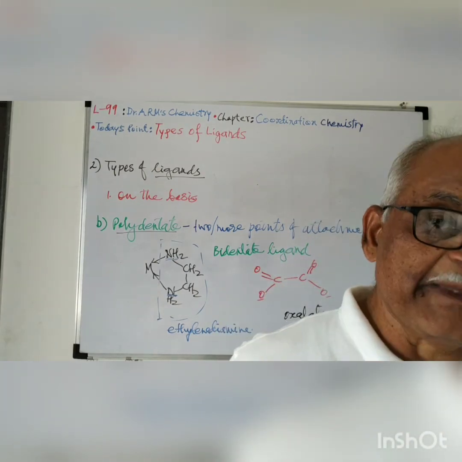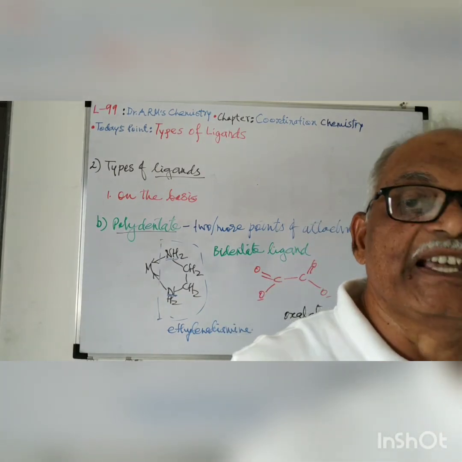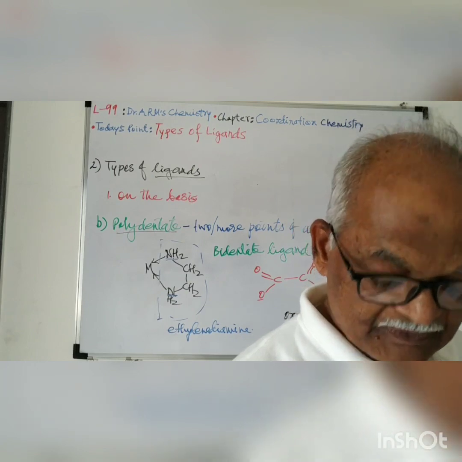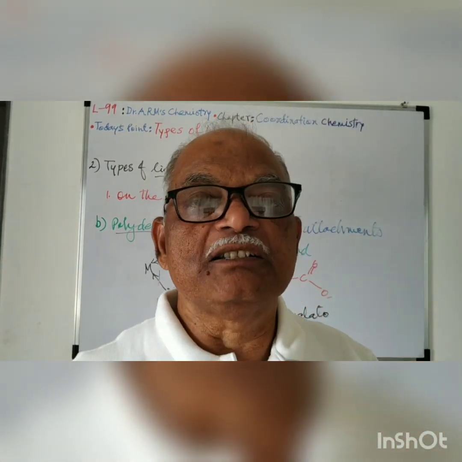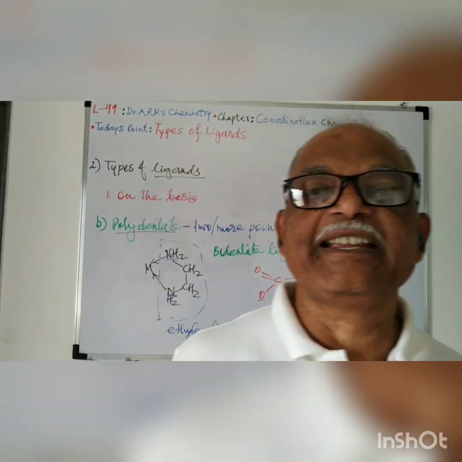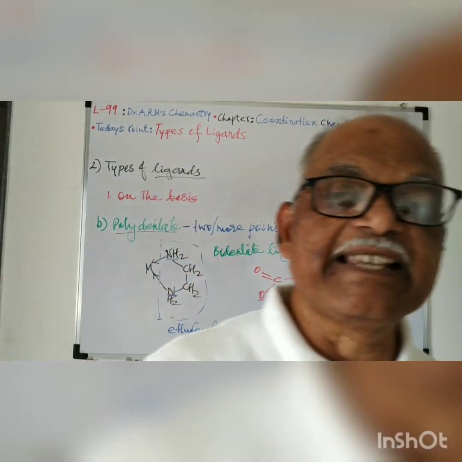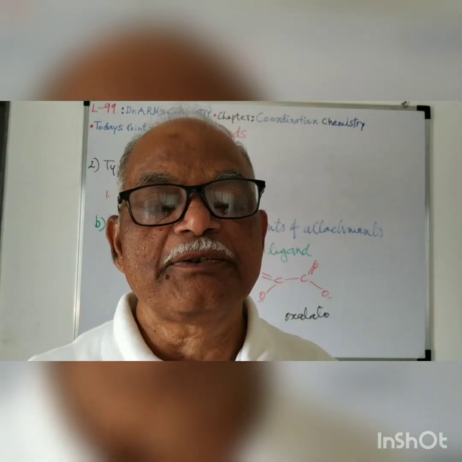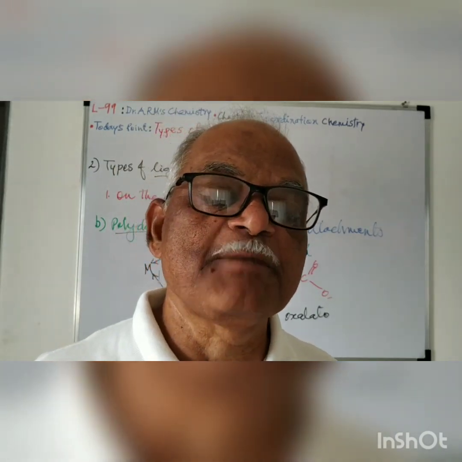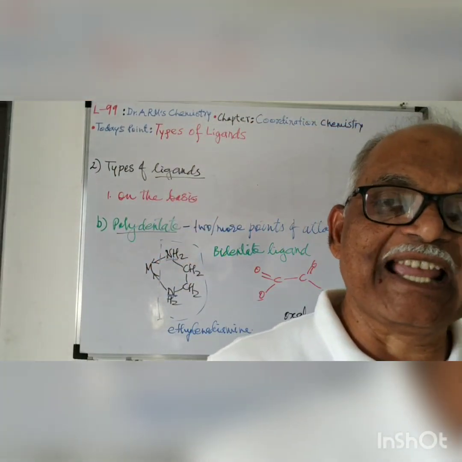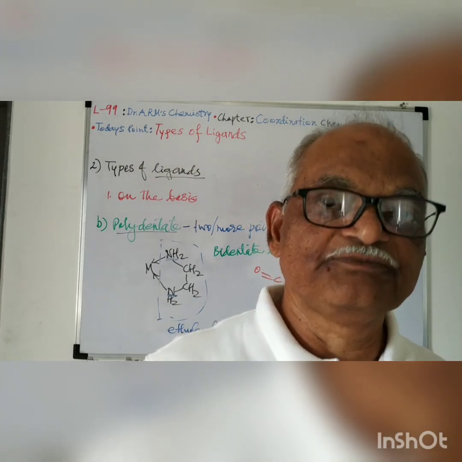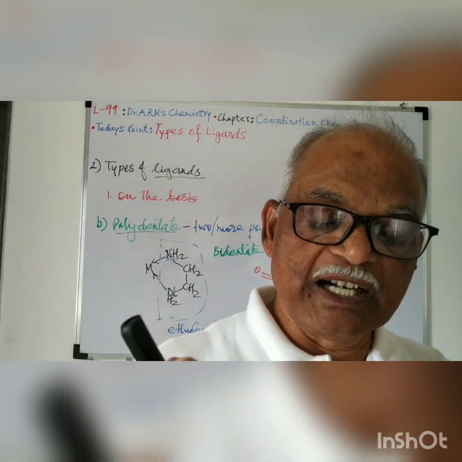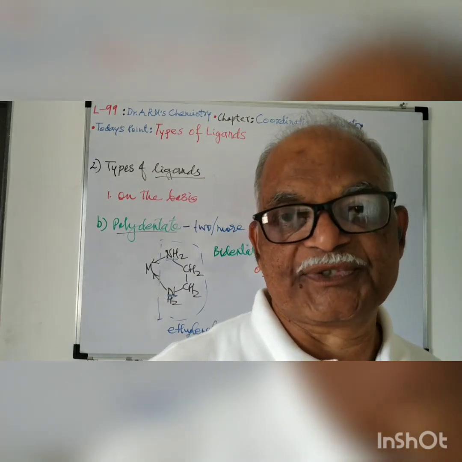Similarly, there are many such ligands where we can have nitrogen as a donor atom or oxygen as a donor atom, meaning the points of attachment may be of the same type or different type. For example, dipyridine, where we have two pyridine molecules in which the donor atoms are only two nitrogens.